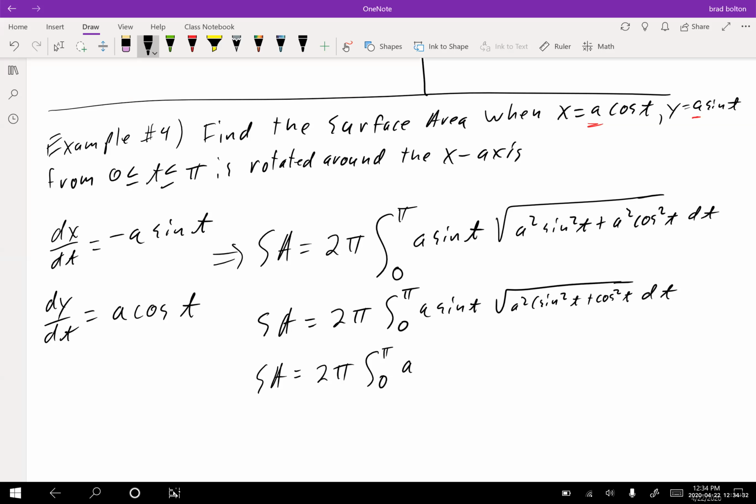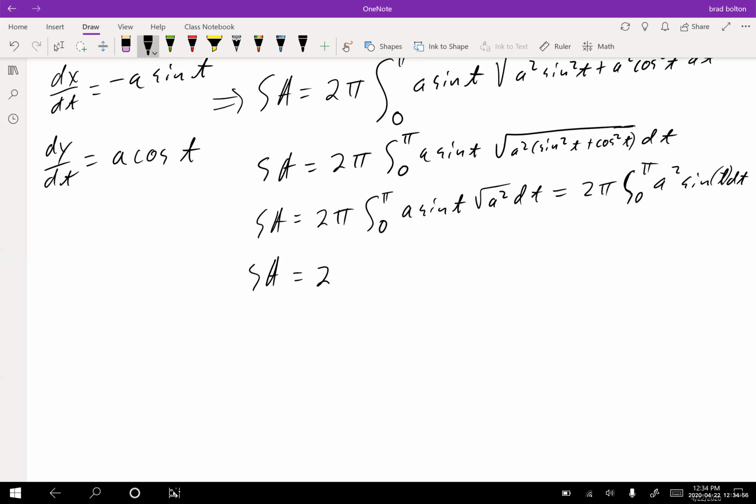So it would be a sine t times the square root of a squared, because this is just going to be 1. But that's really 2 pi times the integral from 0 to pi of a squared sine t. Okay, so now surface area equals, now let's scroll up a little bit, 2 pi.